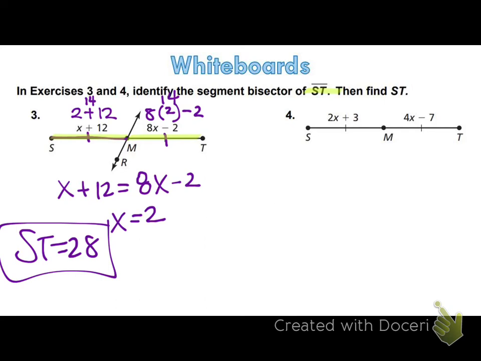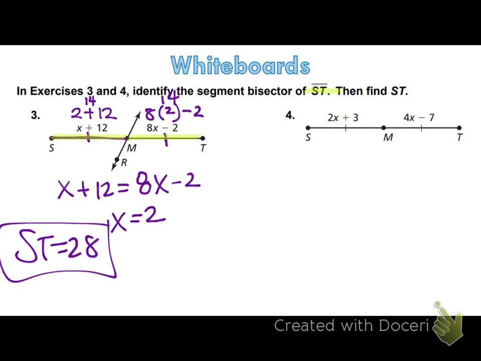And then segment bisector. What cuts the segment in half? Good. Oh, whoops. Almost. You plugged it into 1/2, right? Correct.